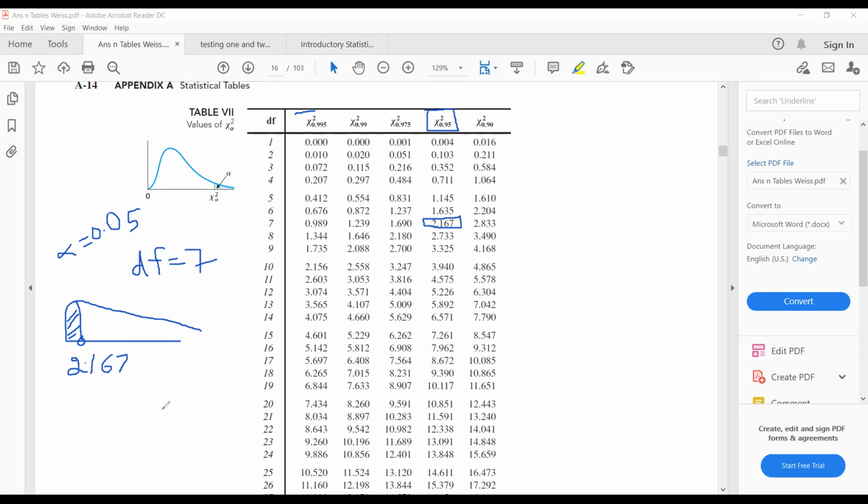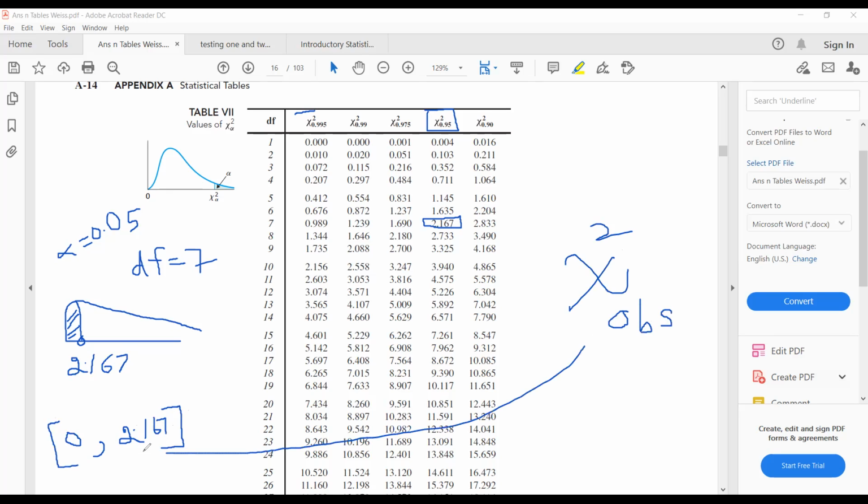And the critical region will be what? The critical interval will be from 0 to 2.167, and 0 is inclusive. This interval is known as the critical interval. If the observed chi-square test value falls in this region, then our conclusion will be in favor of H1, so H0 is rejected.